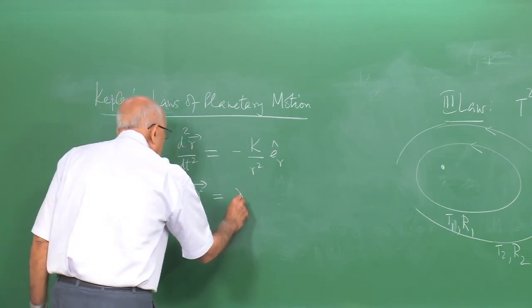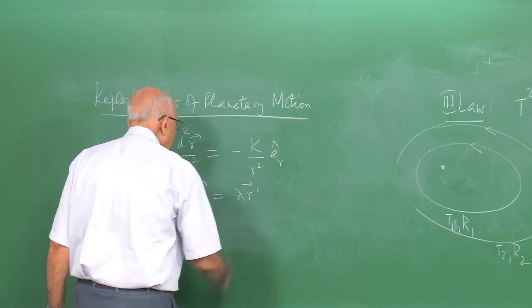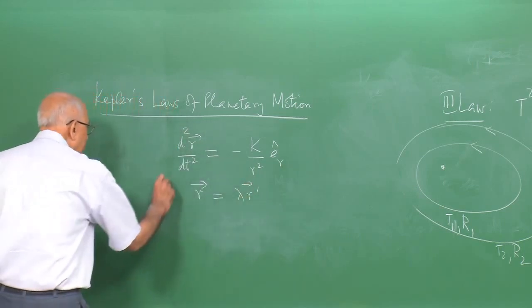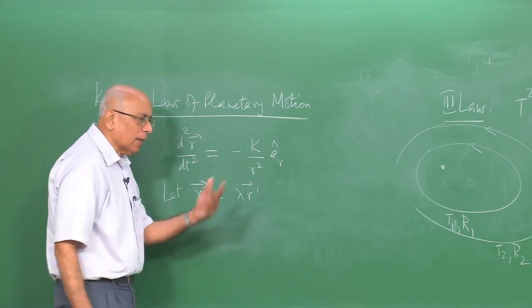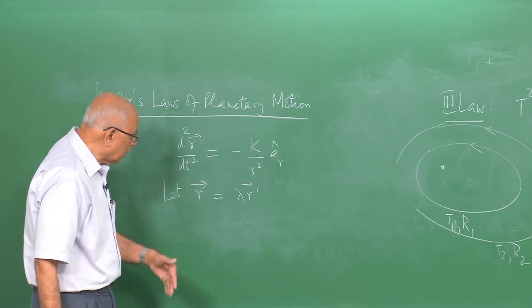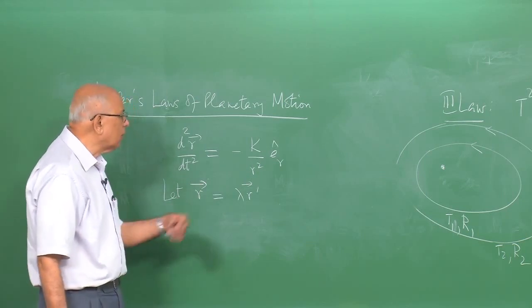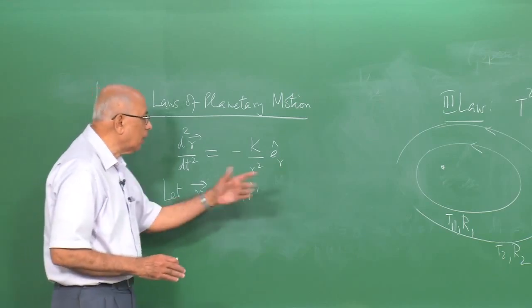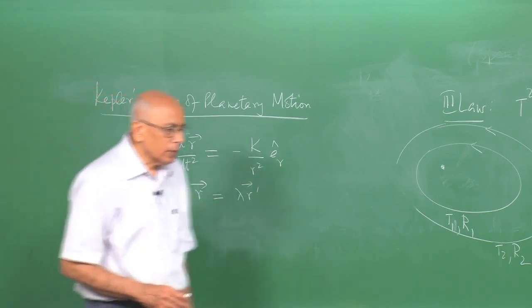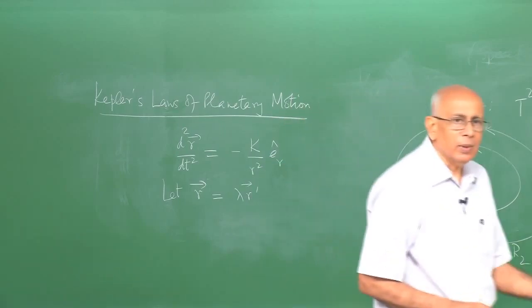So let's set r equal to lambda times r prime. I don't like the units that I'm using. Instead of choosing the particular units I have, I choose different units so that a length of magnitude r becomes lambda times r prime. No physics should really change once this is done.